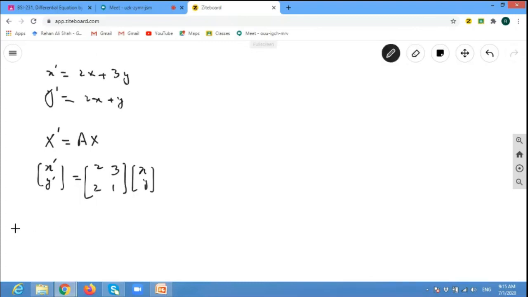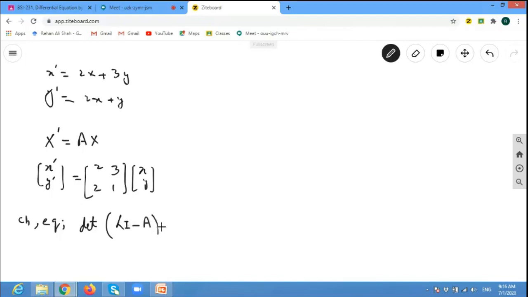So what is the characteristic equation? This system can be written as, directly write the characteristic equation. The characteristic equation is determinant of lambda I minus a equal to 0.